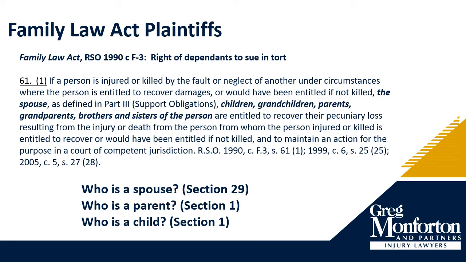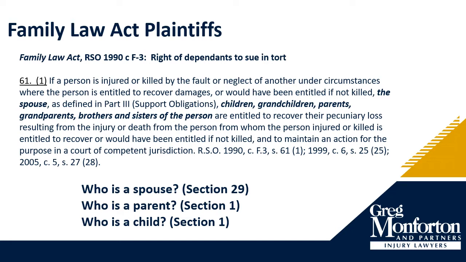Now let's look at the definition of spouse, parent, and child, because obviously in today's day and age, that definition is wide ranging. So with respect to a spouse, the Act defines a spouse as two persons who are either married, or if they are not married to one another, they have cohabitated continuously for a period of not less than 3 years, or they are in a relationship of some permanence if they are the natural or adoptive parents of a child.